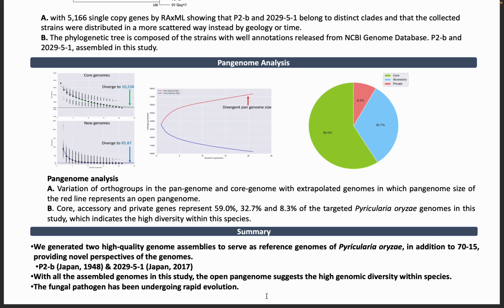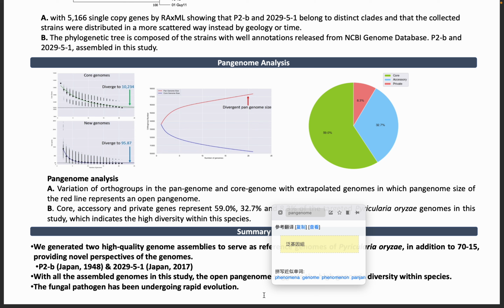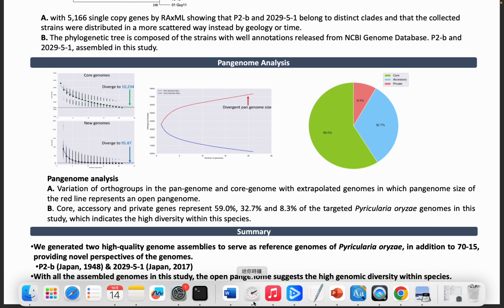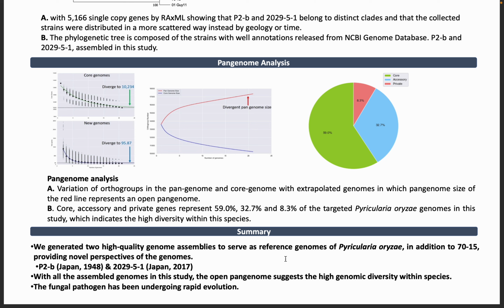So we provide a novel perspective of the genomes, called P2B and 29951 respectively. With all the assembled genomes in this study, we also found open pangenomes, and such open pangenomes suggest high genomic diversity within the species.